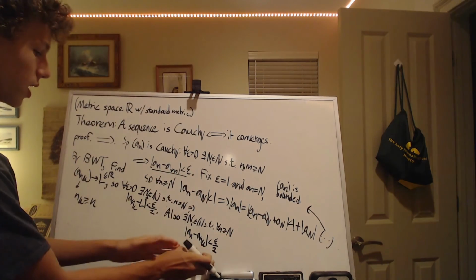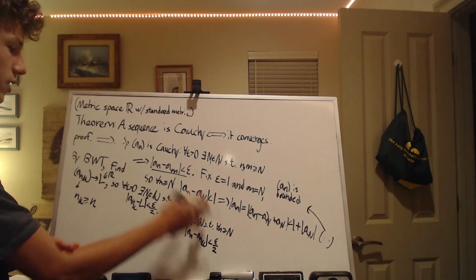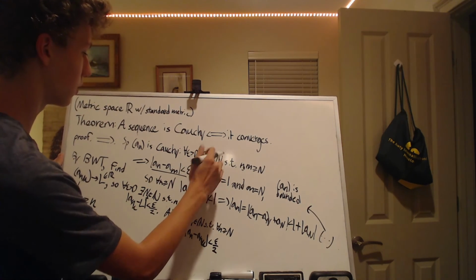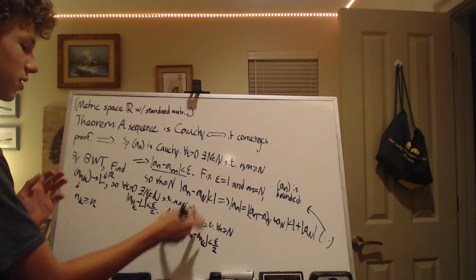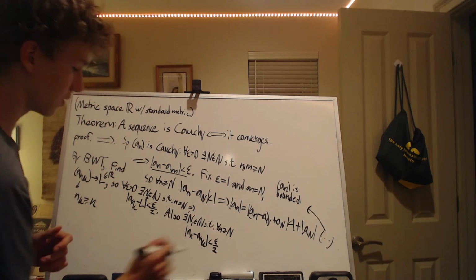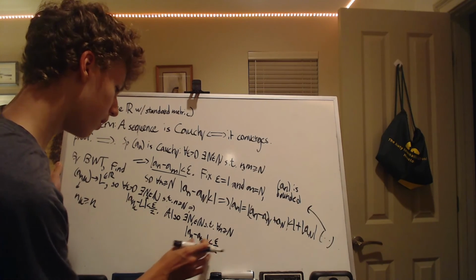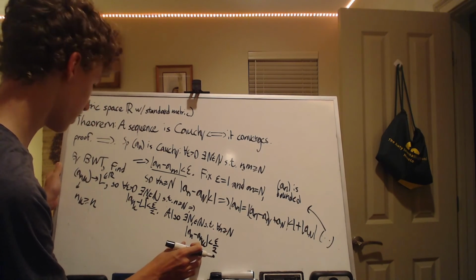Again, we're just using this epsilon over 2 case. So we can find an n prime, which is going to be different because we have this epsilon over 2.